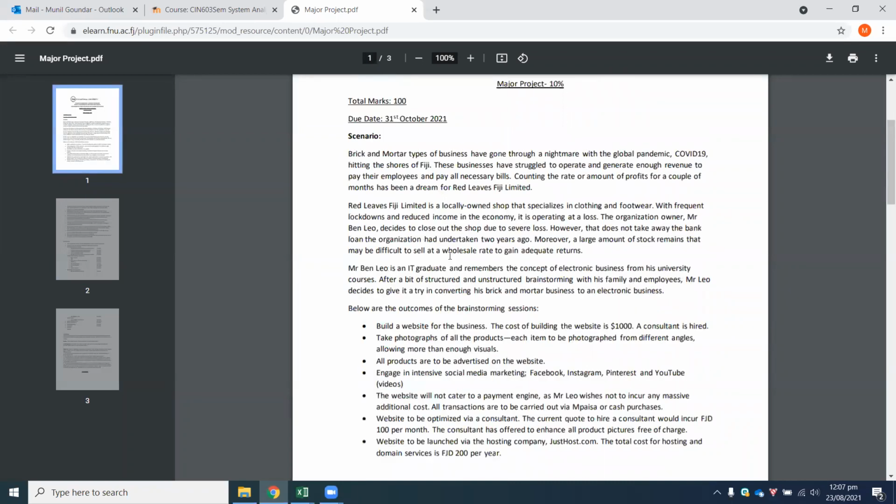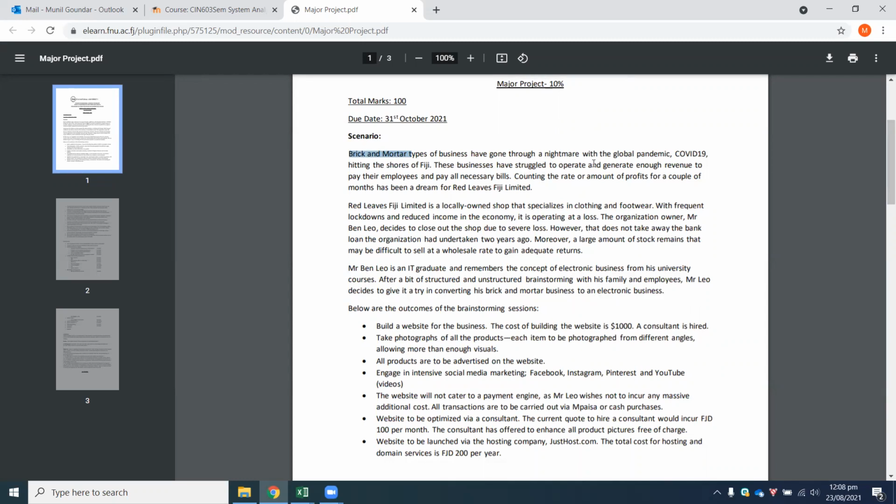Okay, brick and mortar types of businesses have gone through a nightmare with the global pandemic COVID-19 hitting the shores of Fiji. By the way, when you talk about brick and mortar types of business, these are the physical shops. So the shops that you have in town, they are called brick and mortar. The opposite of brick and mortar would be e-businesses, electronic businesses.